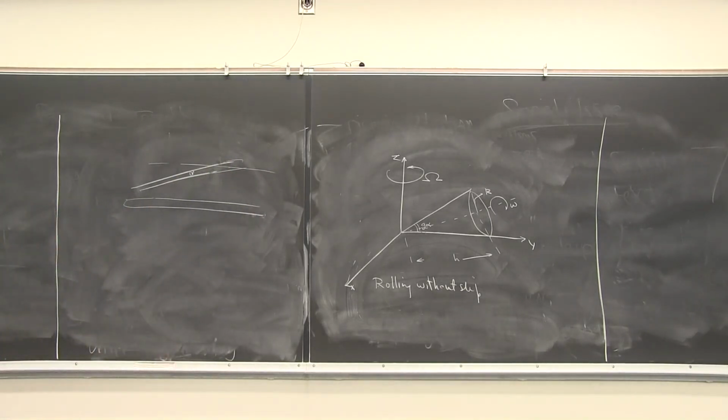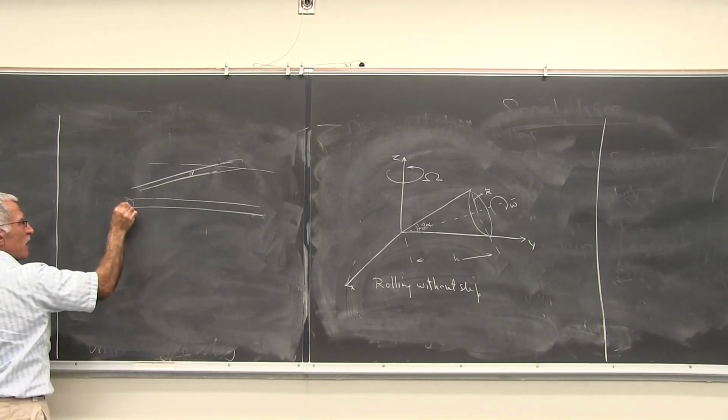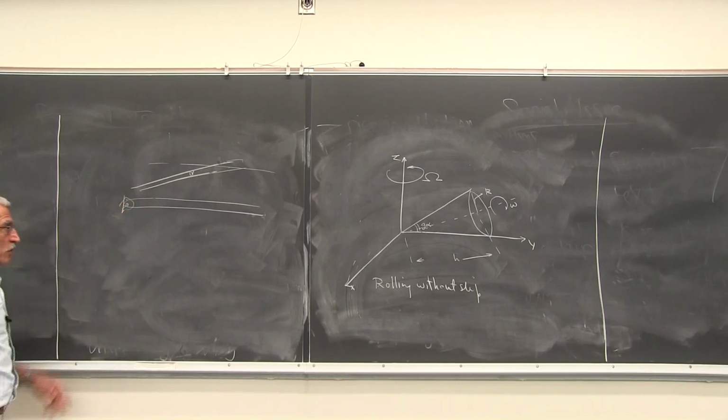But that doesn't mean it is the instantaneous axis of rotation. You have to identify the axis, or the normal to this case, where all points have zero velocity. That's called the instantaneous axis of rotation. And in this particular case, the instantaneous axis of rotation is here.